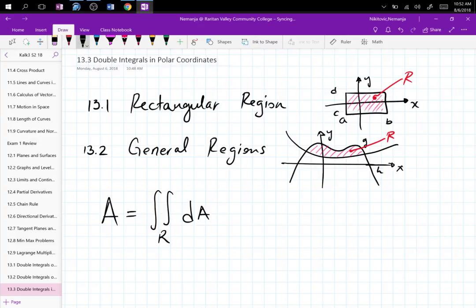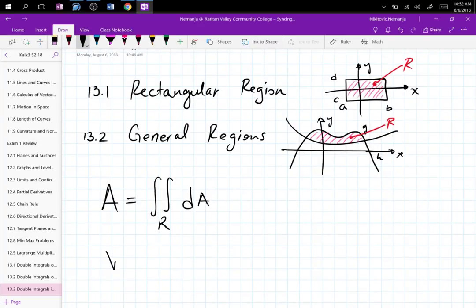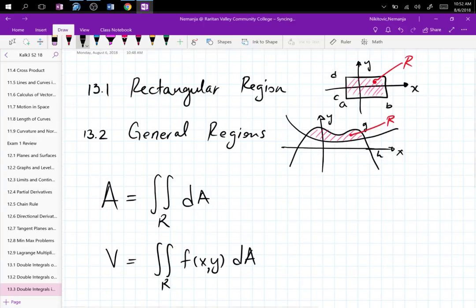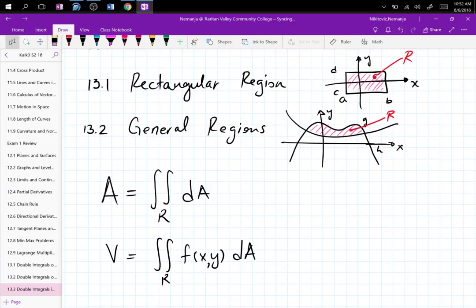Or volume was the double integral over region R of the function f(x,y) dA. So we can use double integrals to compute either area, if there is no function inside the integral, or volume, if there is a function inside the integral. Because in that case you have function times dA, right? That will be three-dimensional.